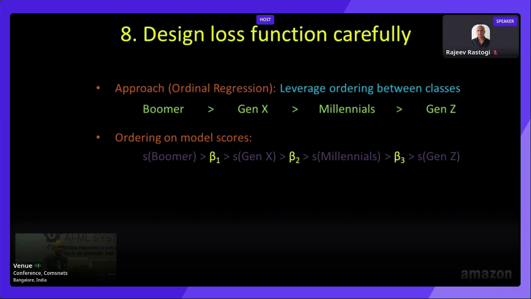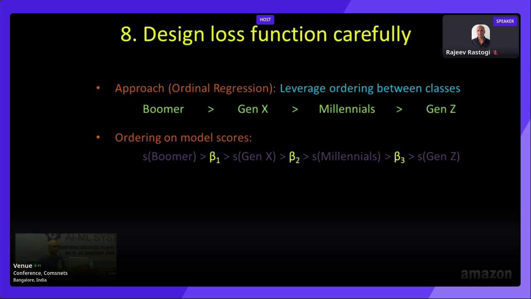Boomers are older than Gen X and who are older than millennials. So this is an ordinal regression problem, right? And we introduce these new thresholds, beta 1, beta 2, beta 3, and then we require the scores for boomer to be greater than beta 1, and scores for Gen X to be between beta 2 and beta 1. And all these threshold values can actually be learned, right?